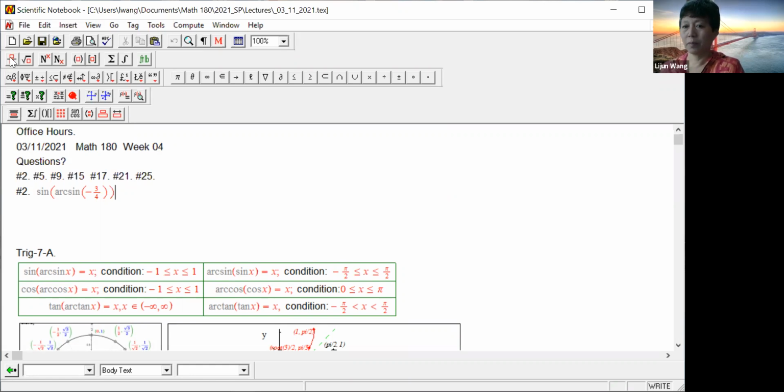What does it equal to? We talked about 2 different ways to do it. And what do you check first?